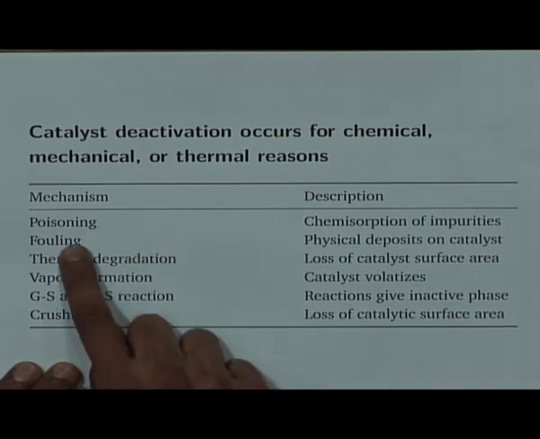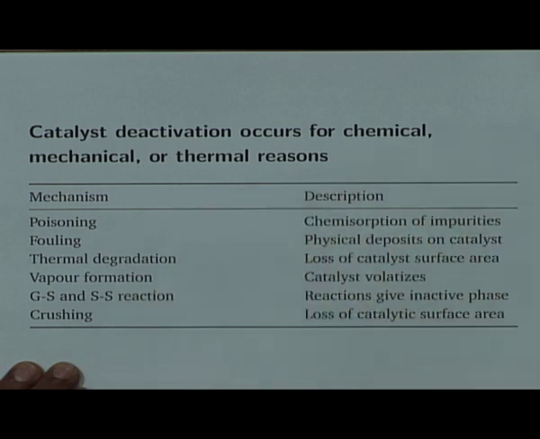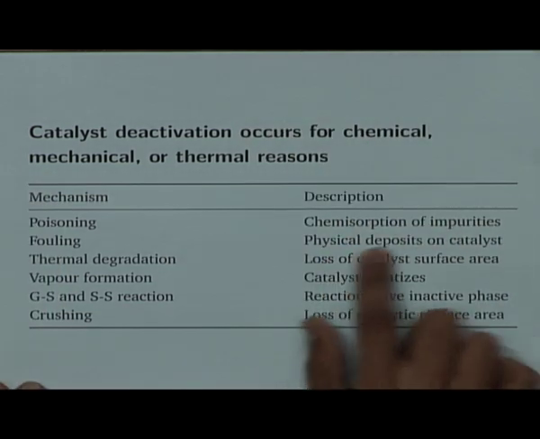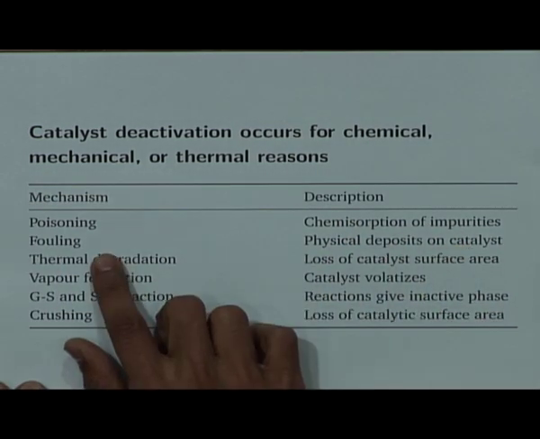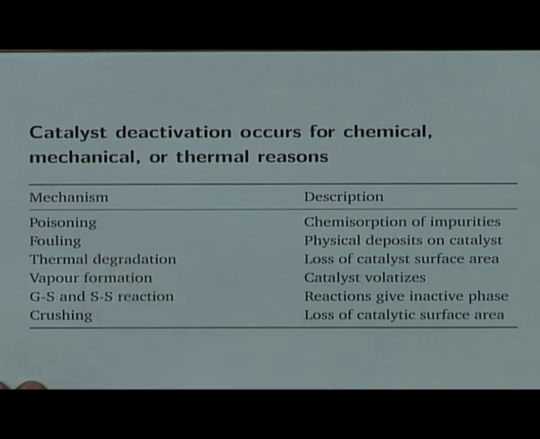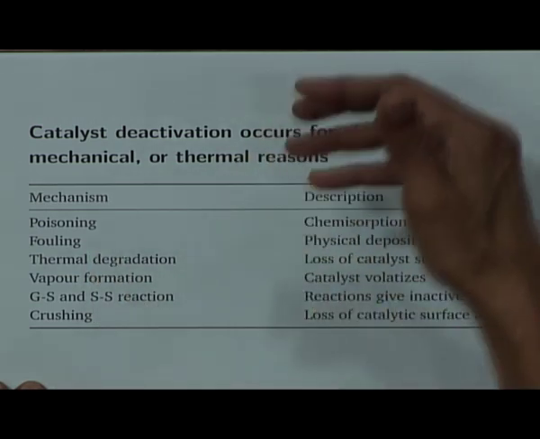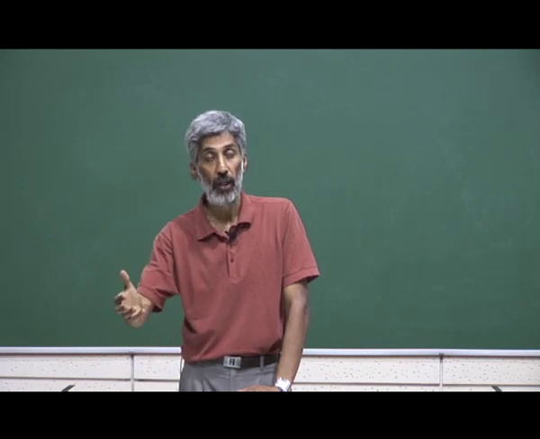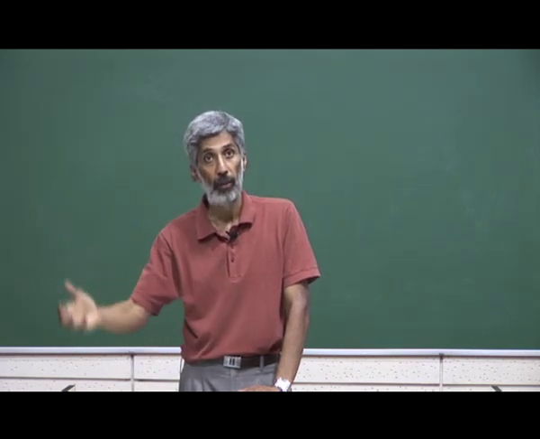Fouling is a mechanical reason, where there are physical deposits. So, you have something on the surface and when you have reactants, things physically deposit on the catalyst. So, this is a mechanical thing that happens. Now, most heterogeneous catalyst reactions that happen in industry happen at reasonably high temperature.